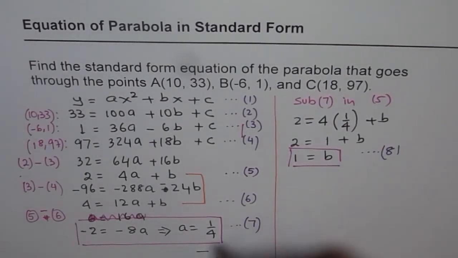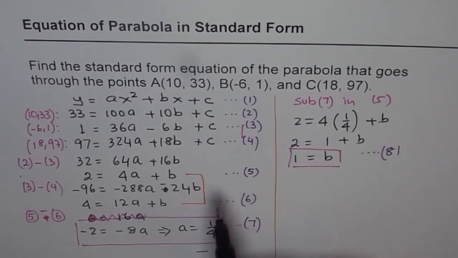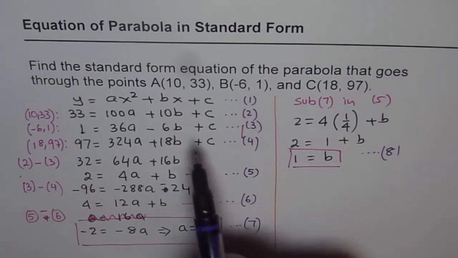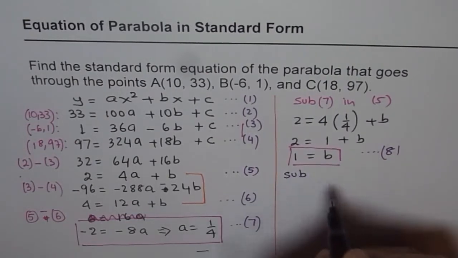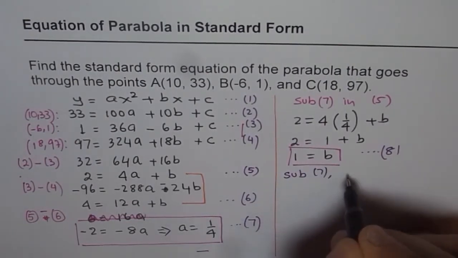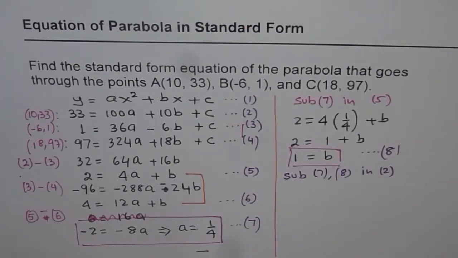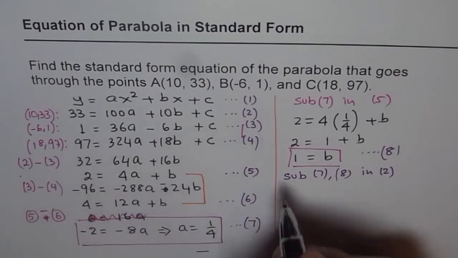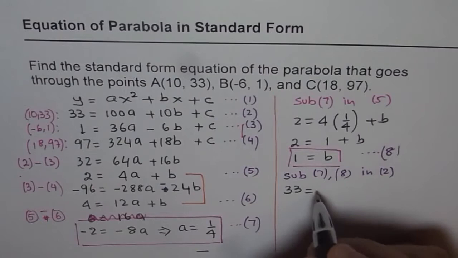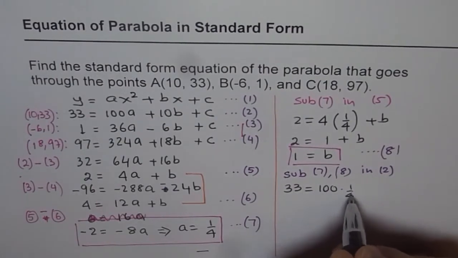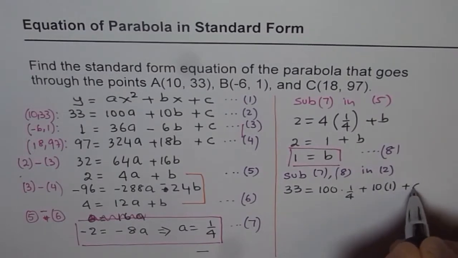Now we know b and a. To find c, we can substitute these values in our original equation. Equation number whichever, maybe equation number 2, right? So we'll substitute the values of a and b from equations 7 and 8 in equation 2. Equation 2 is 33 equals to 100 times a, which is 1/4, 100 times 1/4, plus 10 times b, which is 1 for us, plus c.